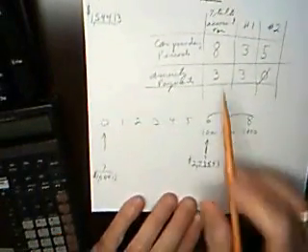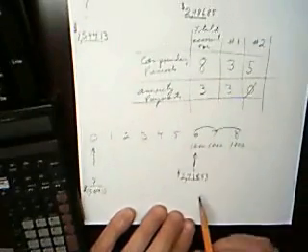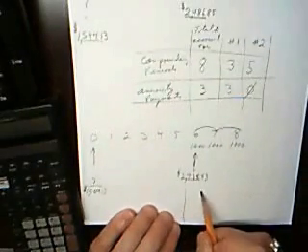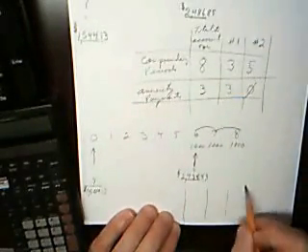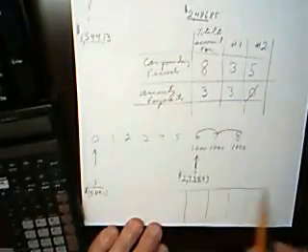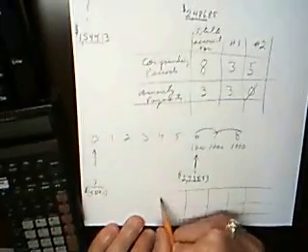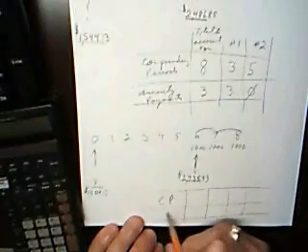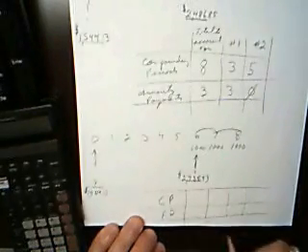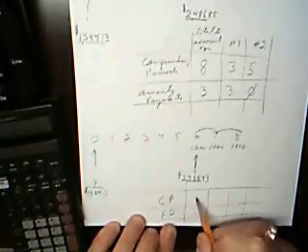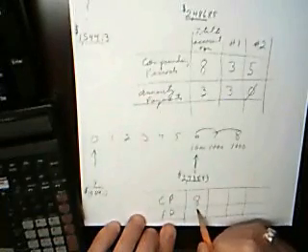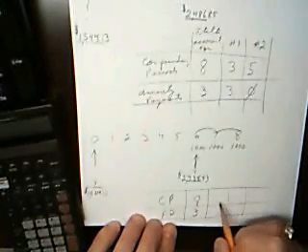Now, in terms of this table, I'll recreate it down here for you again. We'll let CP stand for compounding periods and AP stand for annuity payments. Same problem as before, 8 and 3.